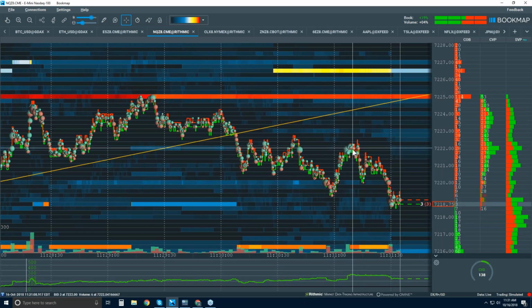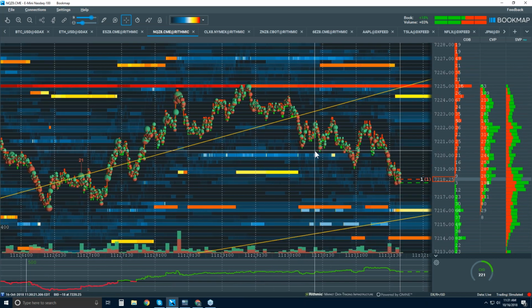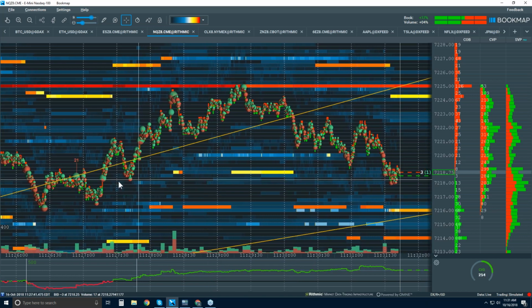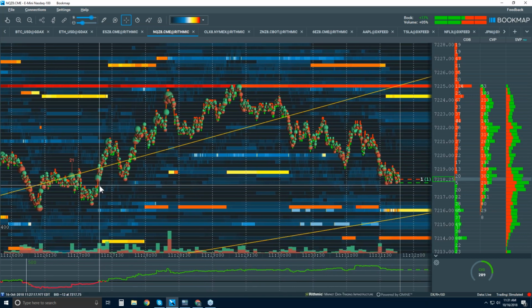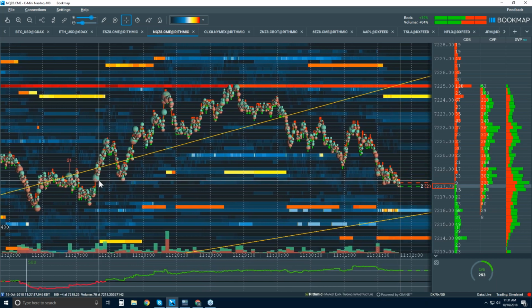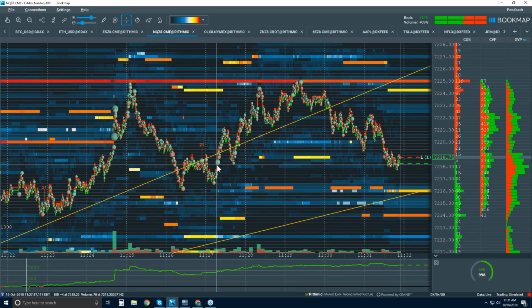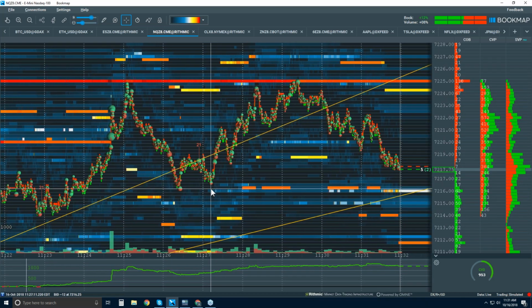I like the buying up here though. Let's see if we can get a little higher here. Yeah, it makes sense, this test to 18 here. But liquidity's down here at 16.